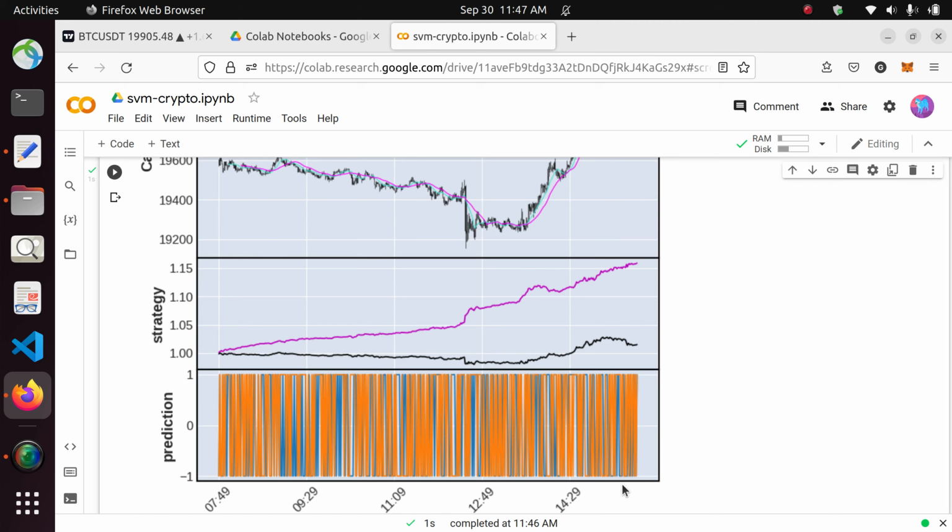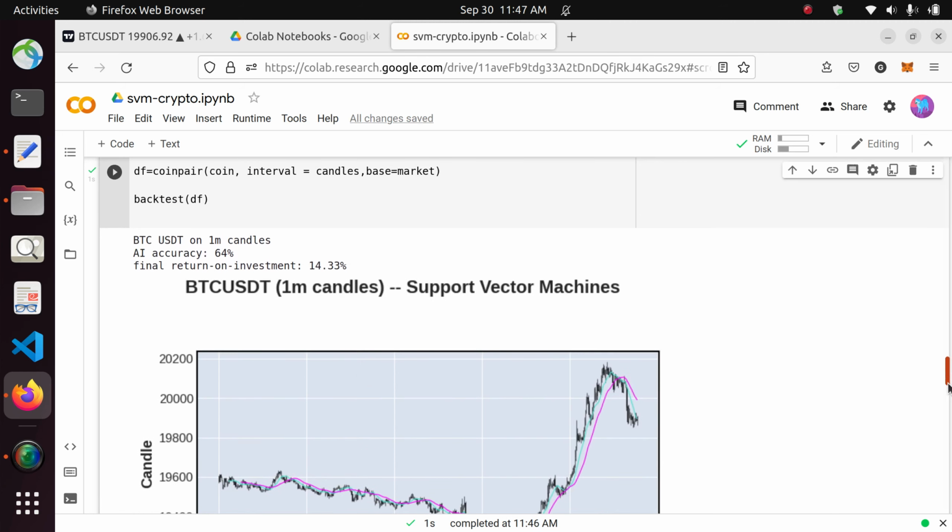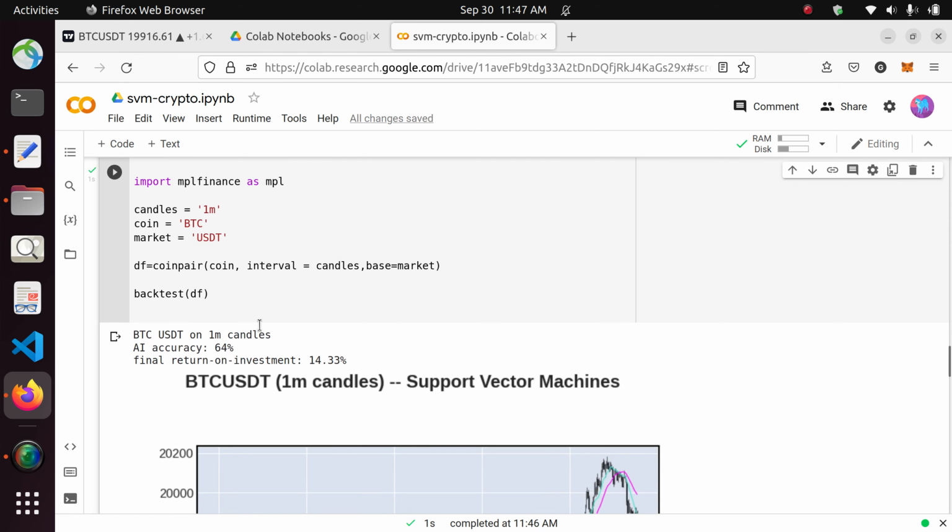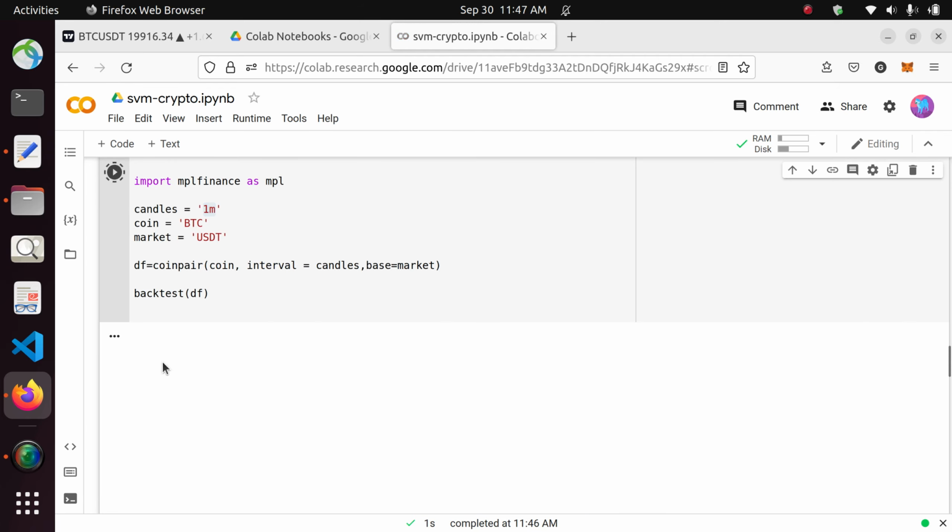Was the prediction accurate for that data point in terms of the sign of the rate of return? And now we're getting 14%. The reason we're getting more now is that we're looking at 1 minute candles, and the price changes every minute. You see, 13.73, 739.